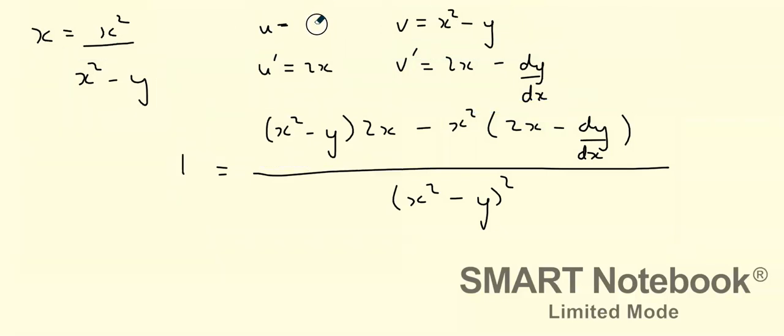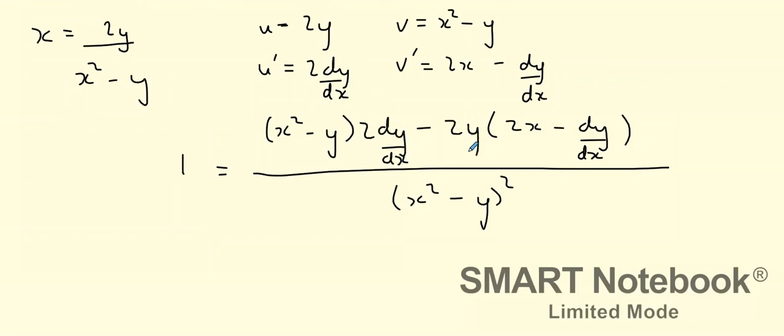So u now is going to change. This is going to change. This is going to change. Let's see if I can salvage it. So this is saying 2y at the top. So 2y, so 2 dy by dx minus 2y here.